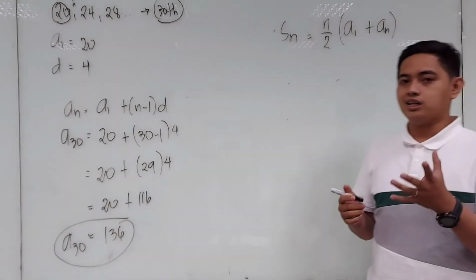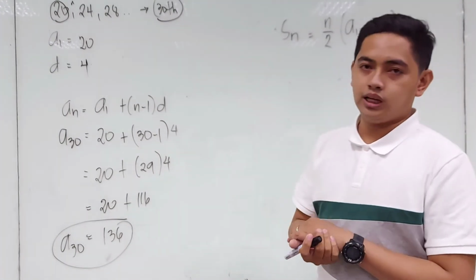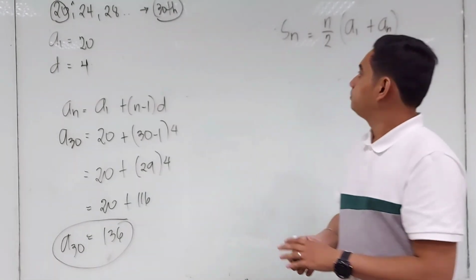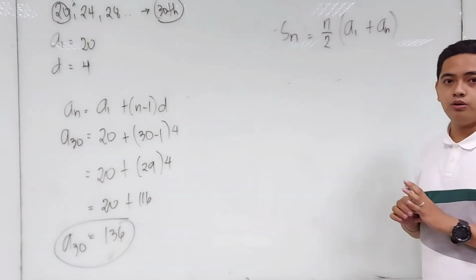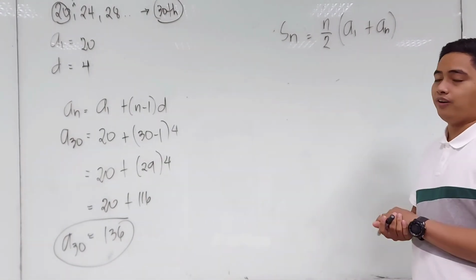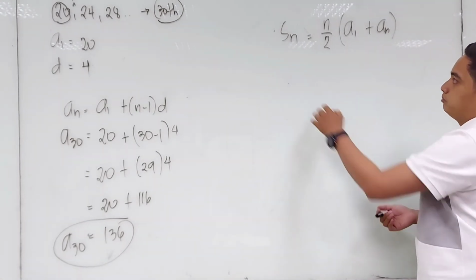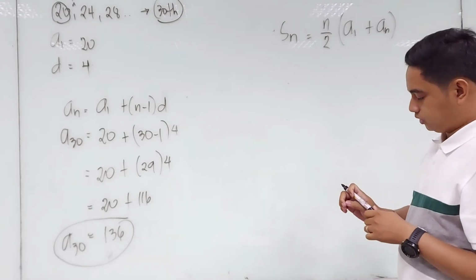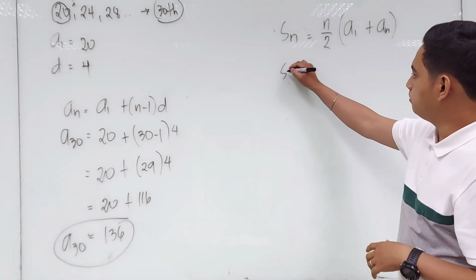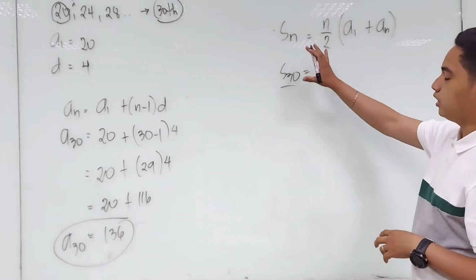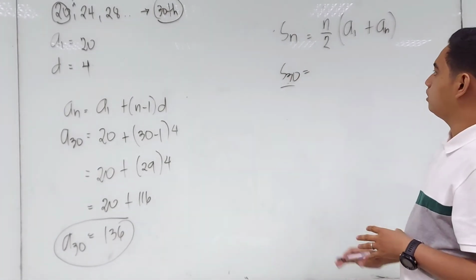Next, we are asked to find out the total number of seats in the whole auditorium. By using this formula, we can easily find out the total number of seats. All we have to do is substitute S sub n, or S sub 30, because we have 30 rows in the auditorium.